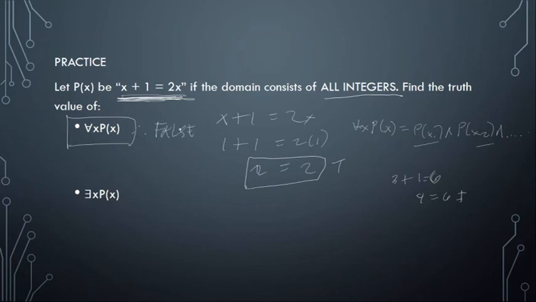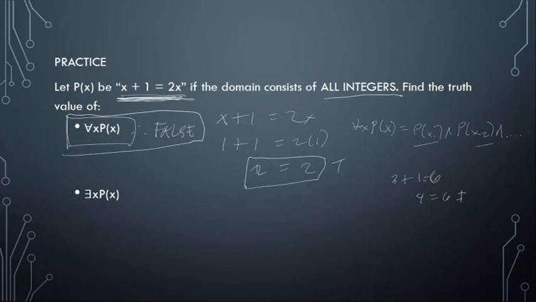Meaning, it is not true for all values. So, for a for all statement, the first value should be true, and the second value should be true, and so on until the end.